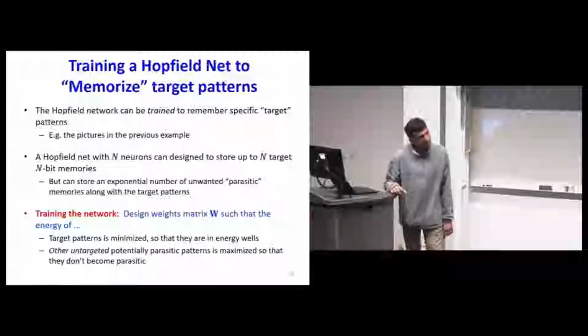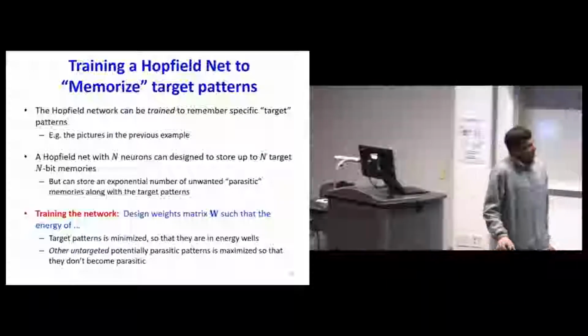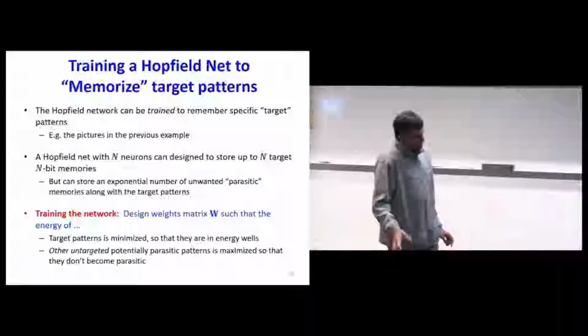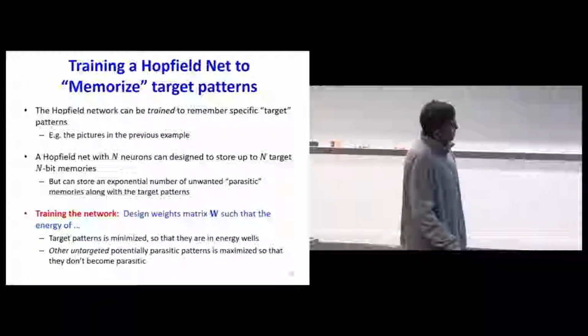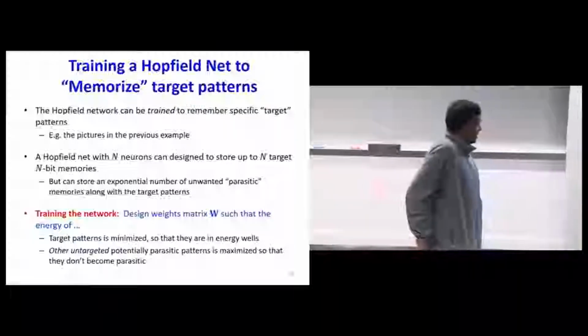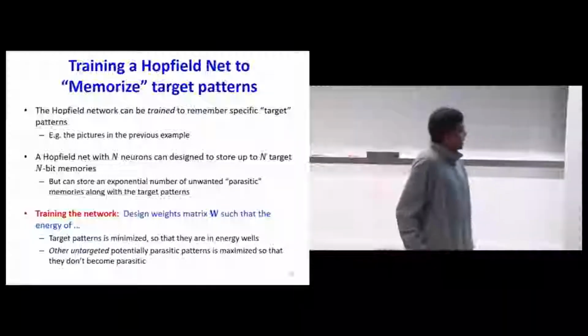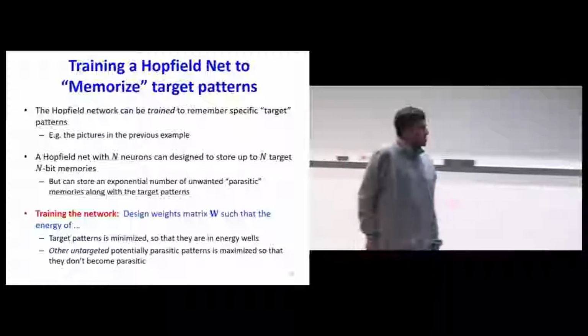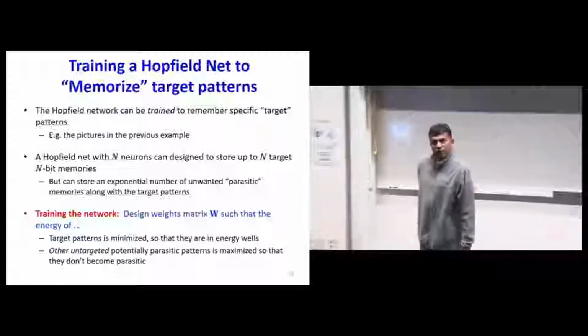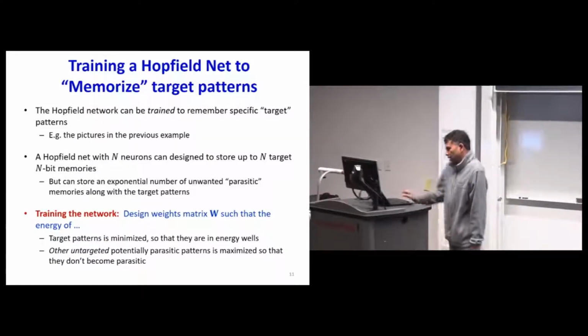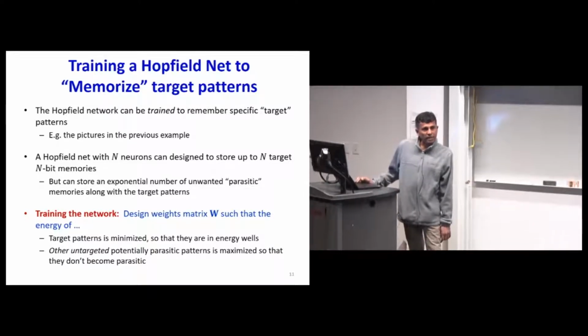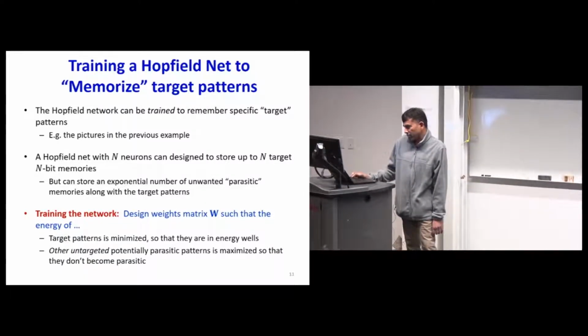Now, training the network here was the process of designing the weights matrix such that the energy of the target patterns is minimized, so they are in energy wells, and other untargeted, potentially parasitic patterns have very high energy so that they don't actually become fake memories.